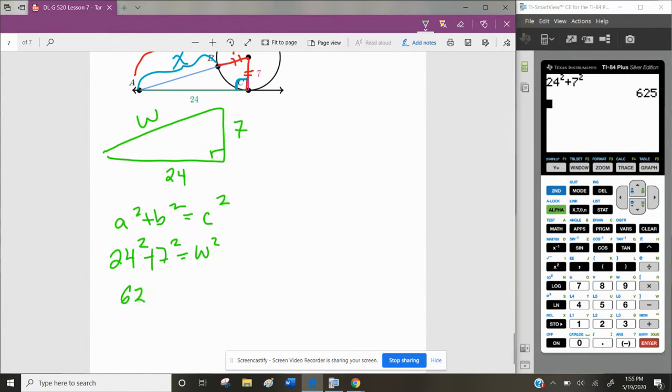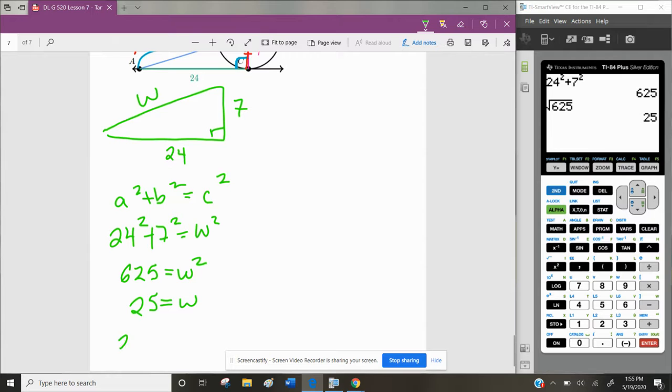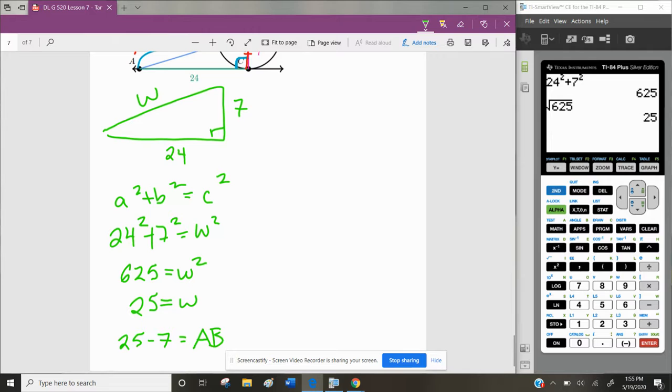So 625 equals W squared. The opposite of squaring is taking a square root, and we get 25 for W. Now remember, we don't want W. W is the full length of AO. We want just AB. So we would take 25 and subtract 7 to get AB, and that's 18.